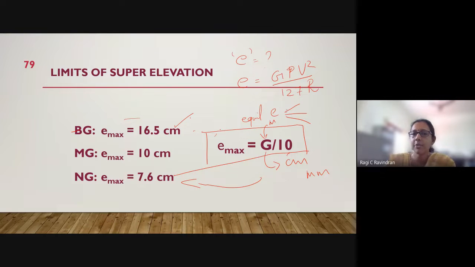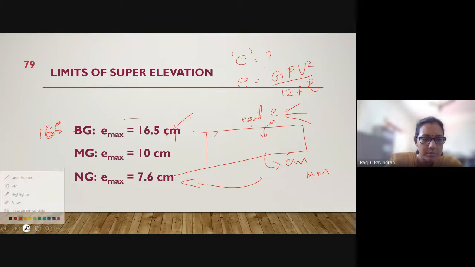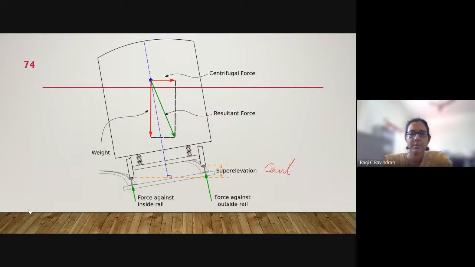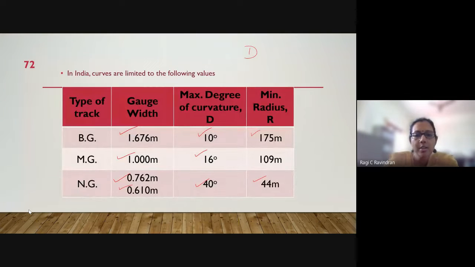Correspondingly, you can see that the gauge value is 1.676 meters, and if you substitute 1.676 meters divided by 10, you will get 0.16 meters as your Emax value.